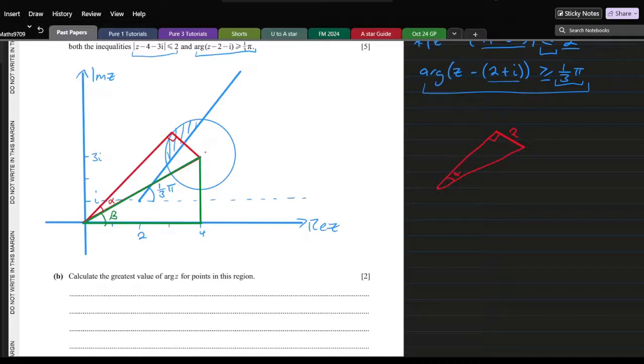So the coordinates here are 4 + 3i, so that means our modulus would be the square root of 3 squared plus 4 squared, which is 9 plus 16, 25, root 25 is 5. So that's 5 over there.